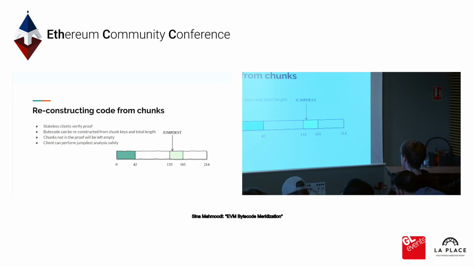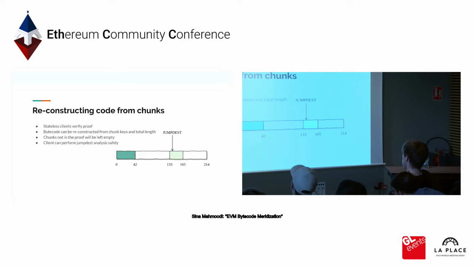Now the block and the witness propagate across the network, and a stateless client that wants to verify the block receives the transaction, verifies the proof to make sure that the hashes match, and then it can reconstruct the bytecode because it knows the full length of the bytecode, and it knows the index of the first byte of each chunk, and it leaves all the other chunks 0.